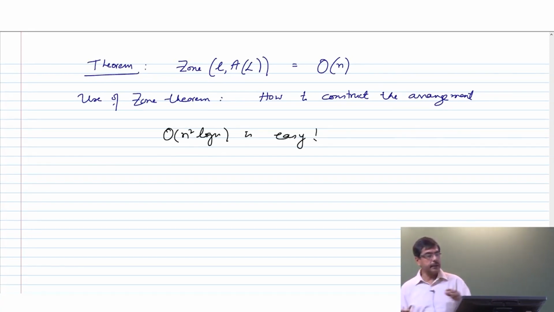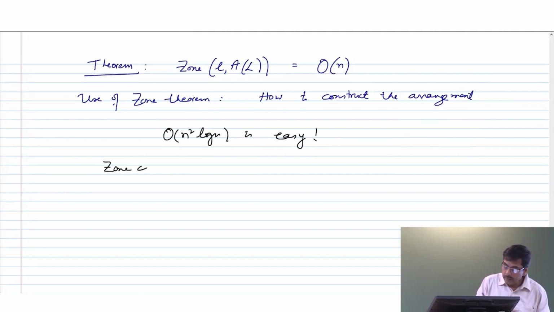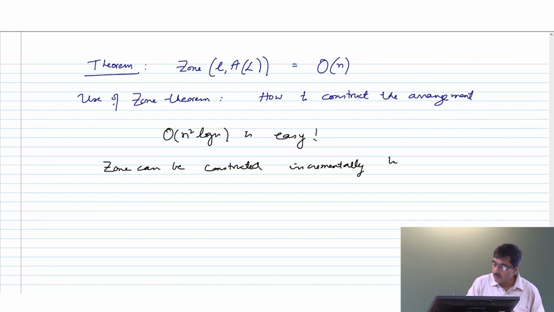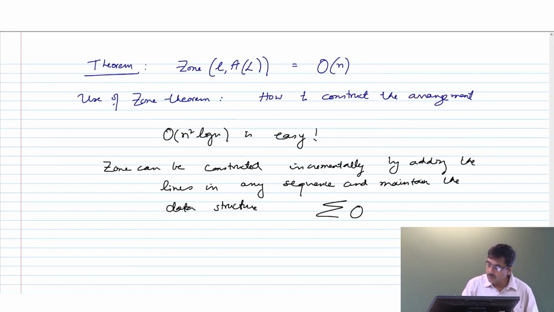When I add the next line, because the zone is only size n, the arrangement can be constructed incrementally by adding the lines in any sequence and maintaining the data structure. This is absolutely my last line, and this takes time, basically order i.